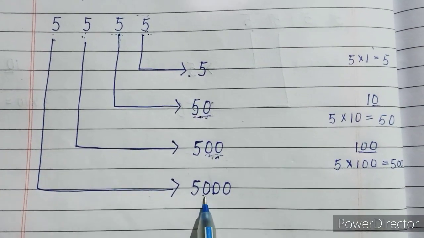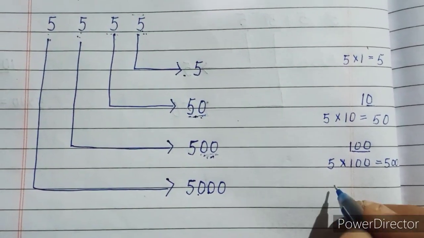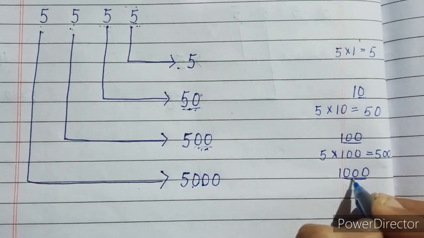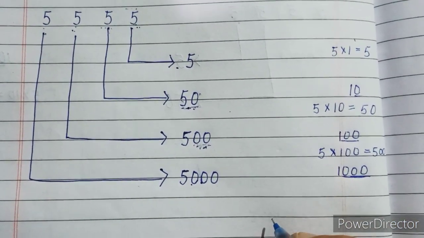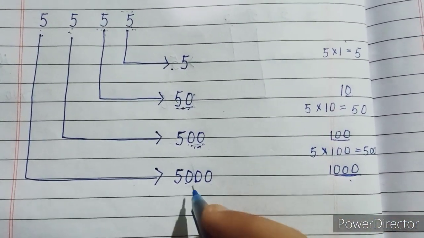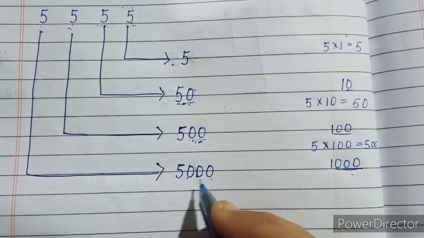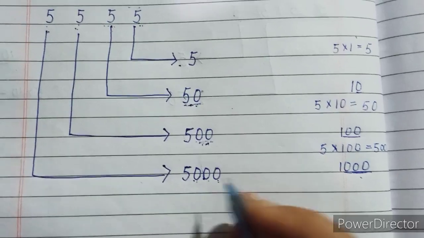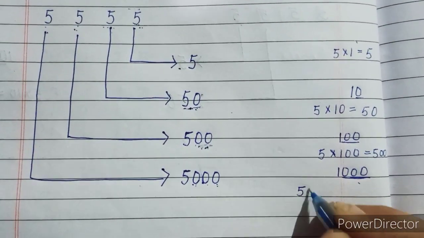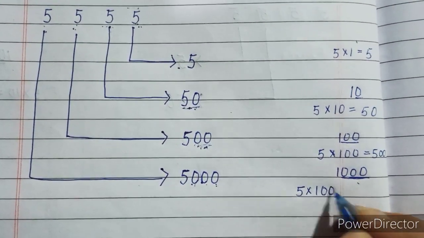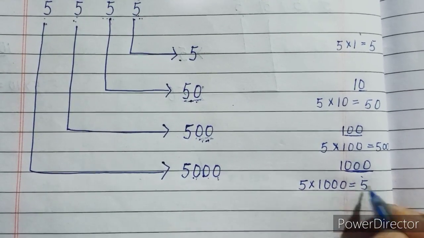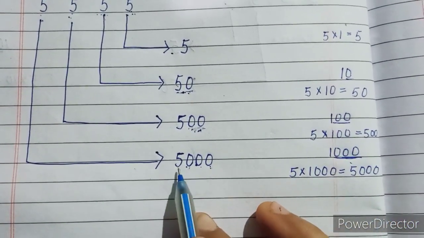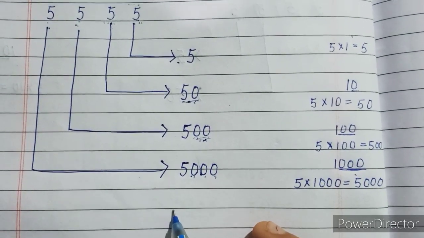There are also 3 zeros in a thousand. So look here, there are 3 zeros along with 5. So 5 multiplied by 1000 is equal to 5000. So the place value of 5 is 5000. Okay, children?